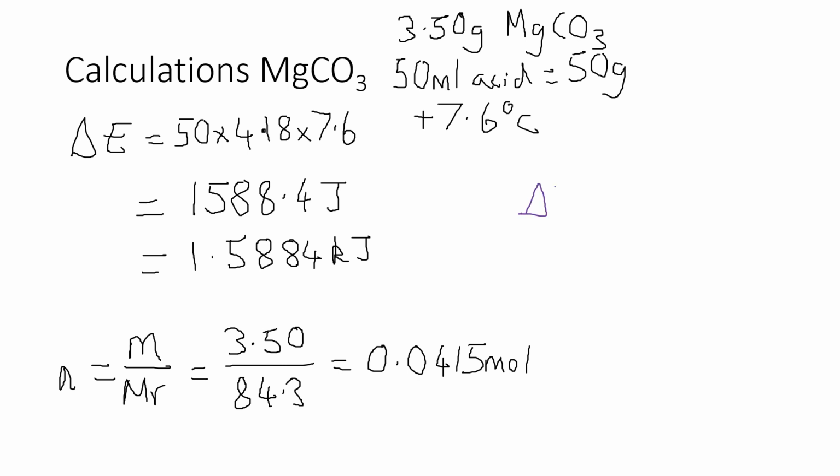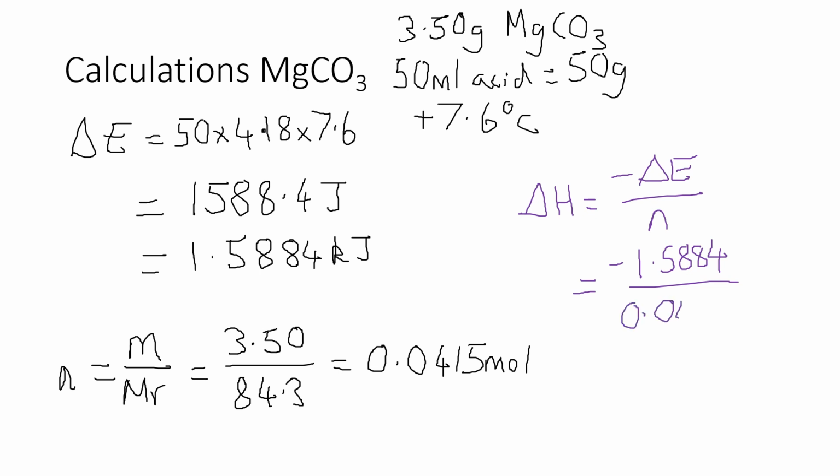Remember that delta H equals minus delta E over N. So that's minus 1.5884 divided by the 0.0415.